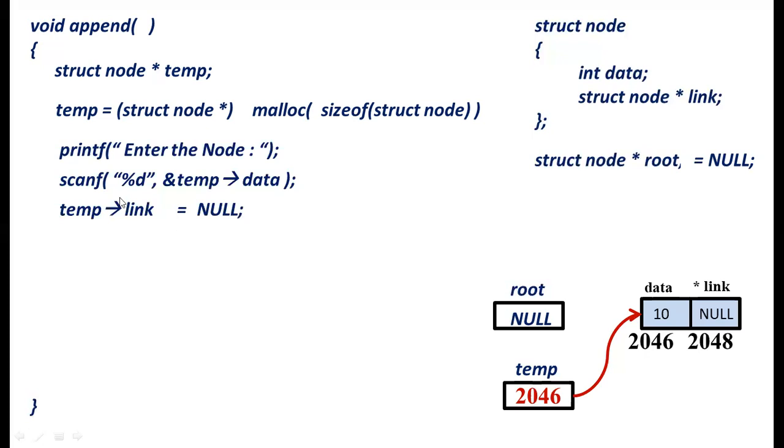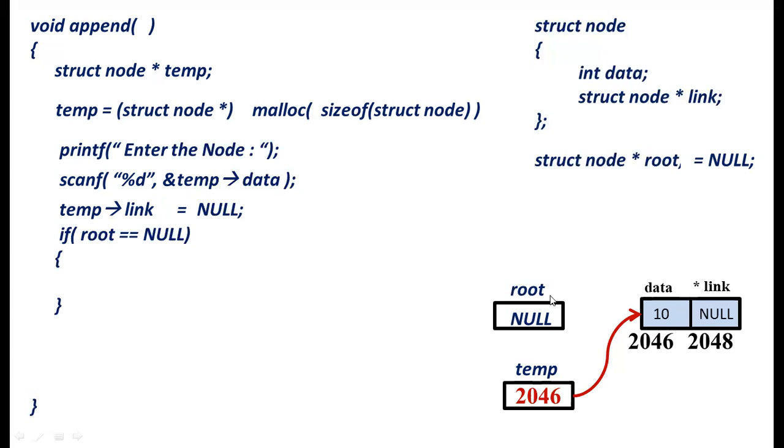Here the root has the null value, so we are checking the condition: if the root is equal to null, it means it is not connected to any node. That means the node we have newly created should become the first node or the first element.